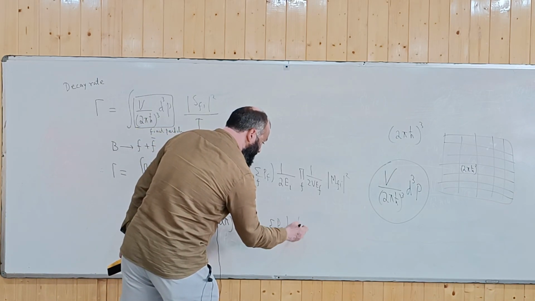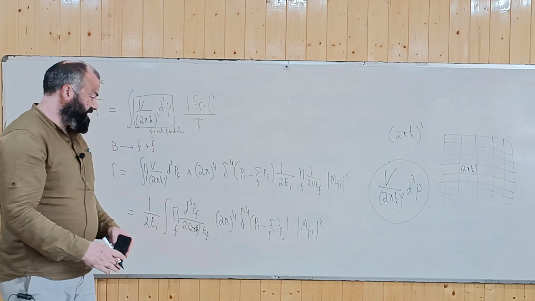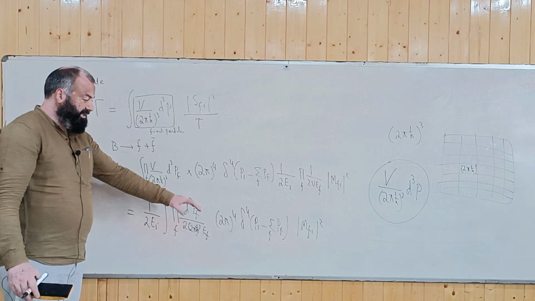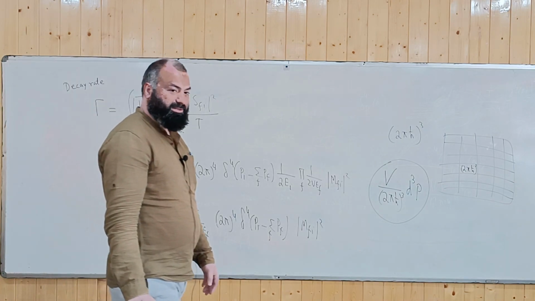Then you are having mod of M squared. So this will depend on the final momentum. So I need to now evaluate this integral. Clear? So now let's go to the process.